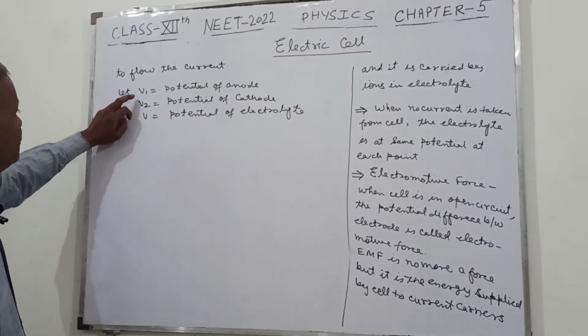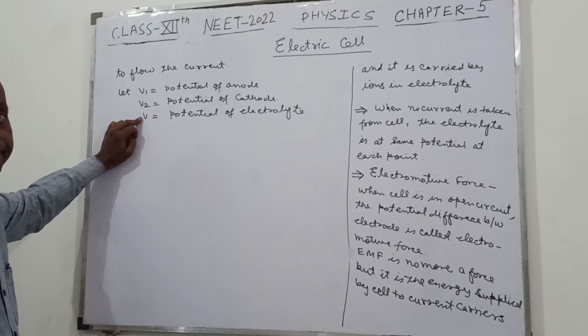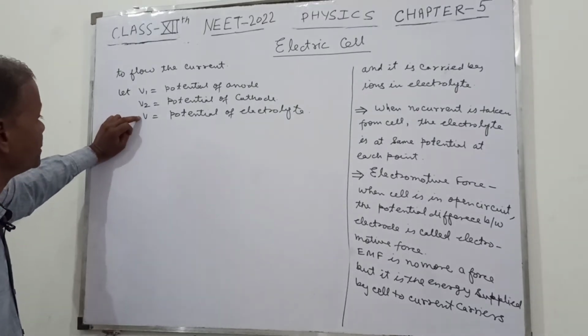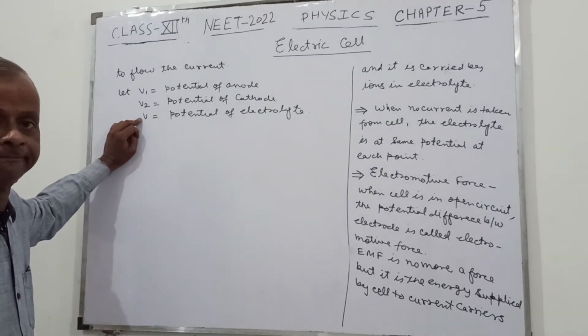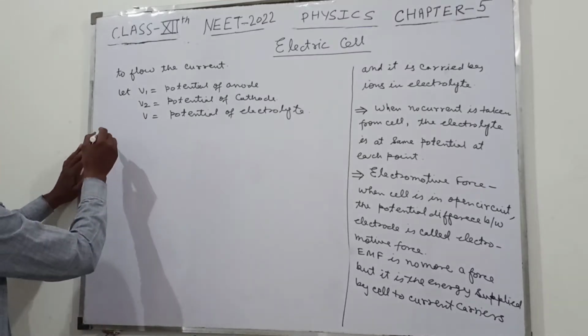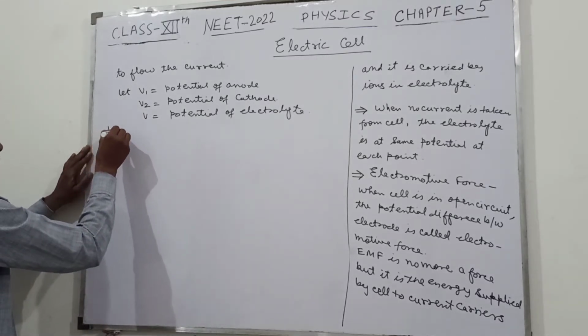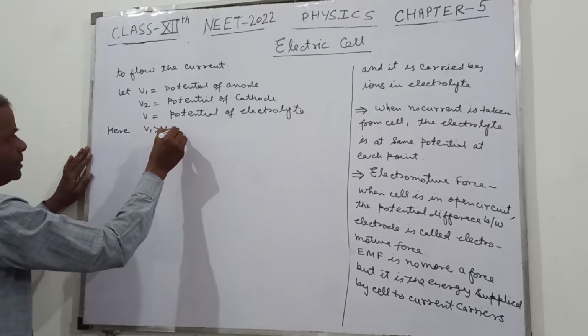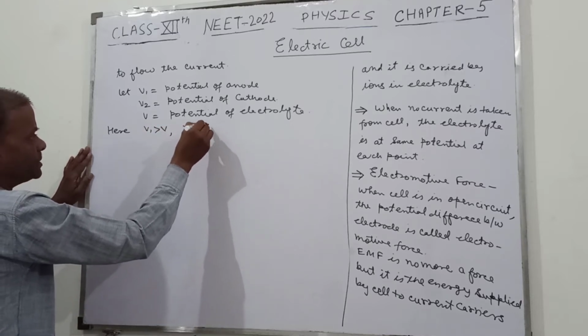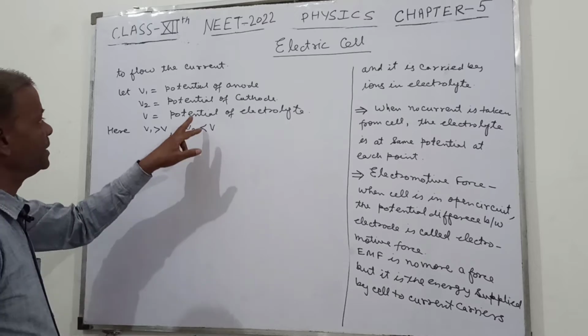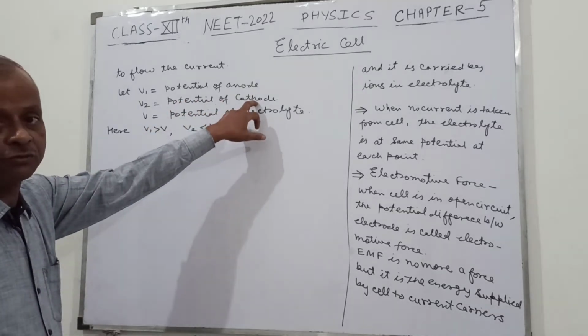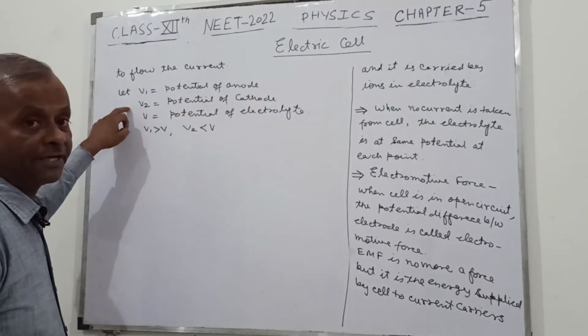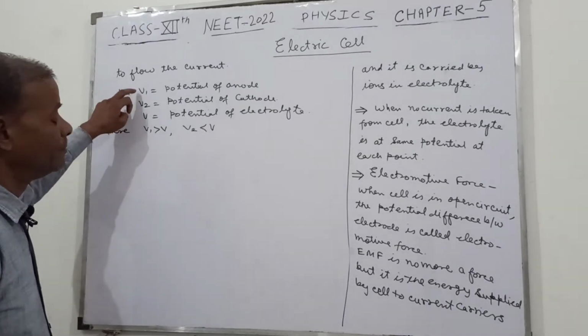Now this B1 is more than V and B2 is less than V. Here B1 is greater than V and B2 is less than V. B2 is negative, this being the cathode, and B1 is positive.